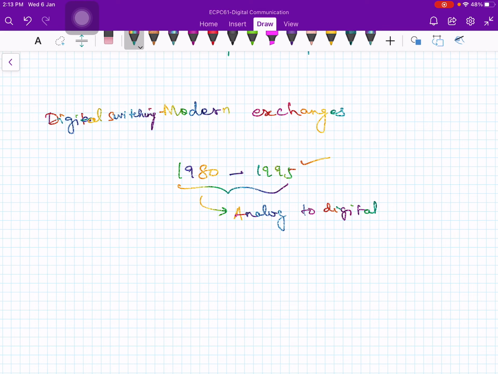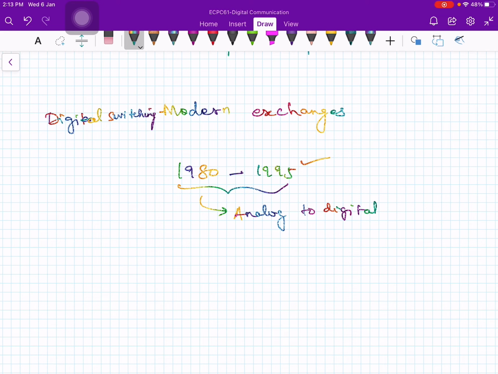The changes happened over a decade, or over a period of 15 years. Most of the communication systems that you are going to come across at present are purely digital, and this transition occurred roughly between 1980 and 1995.